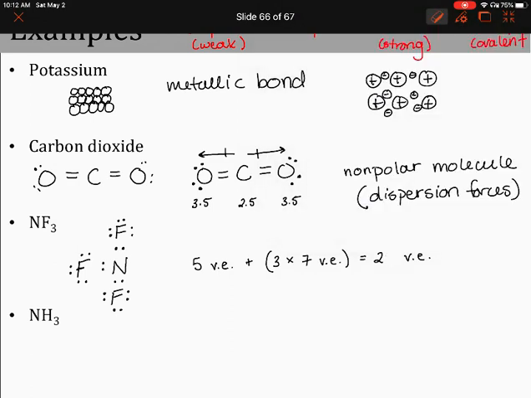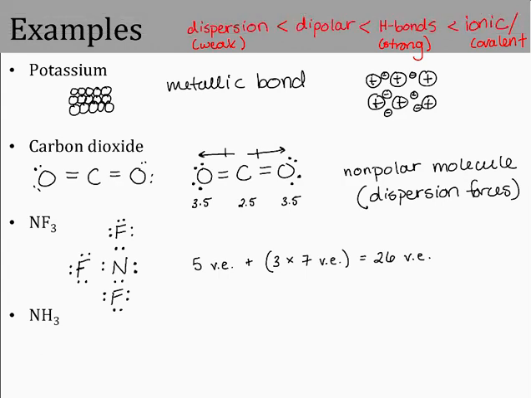You probably are screaming at the screen right now. It's 26. There we go. So we have 2 extra electrons that we need, and we're going to put those on nitrogen, because nitrogen also needs an octet. I'm struggling with math today. It's one of those days. All right, so this is our Lewis structure for NF3.